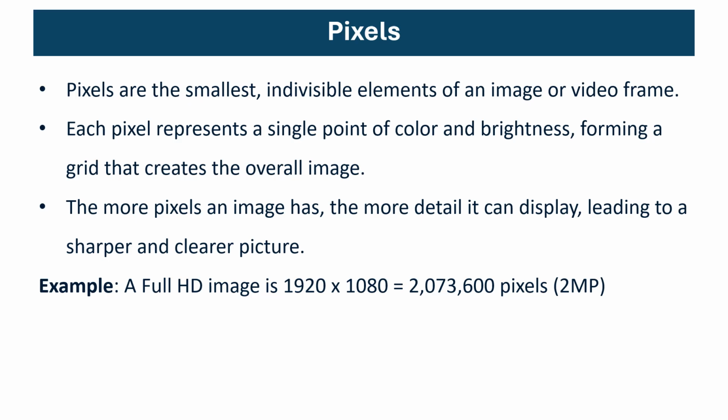Mega stands for million. So an image that is Full HD has this number of pixels. An image that is HD only or standard definition, SD, has fewer pixels, and an image which is 2K or 4K has an increased number of pixels.